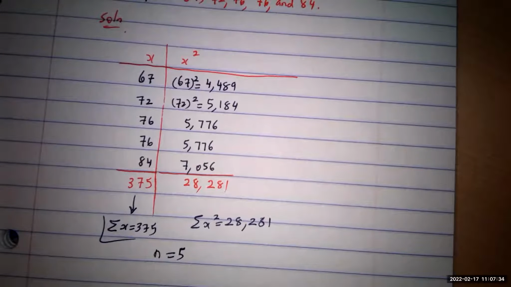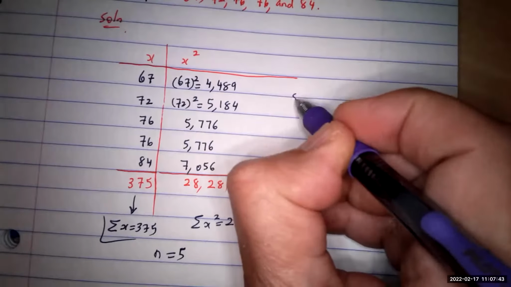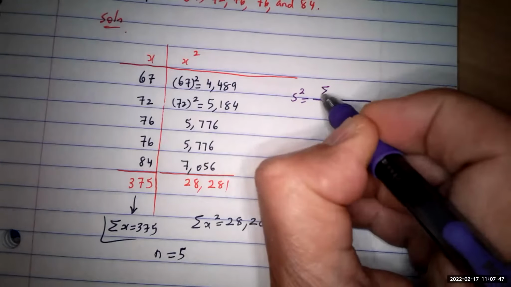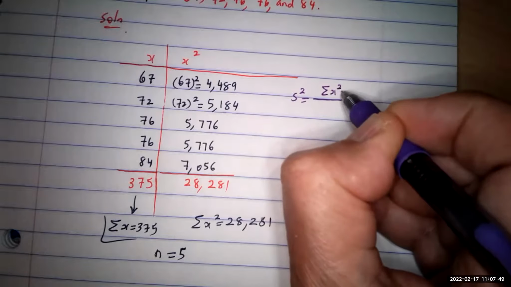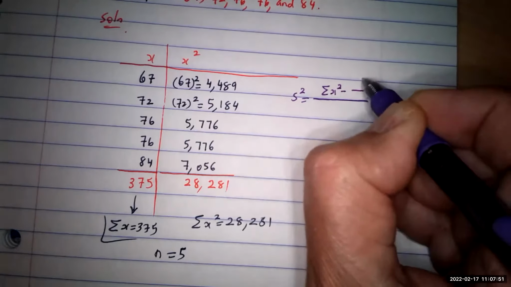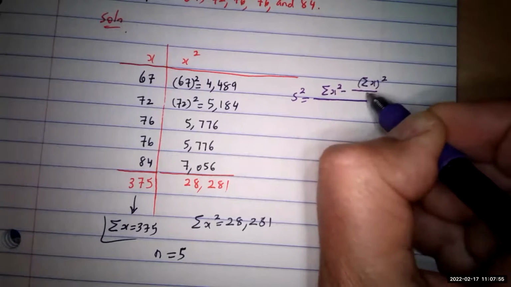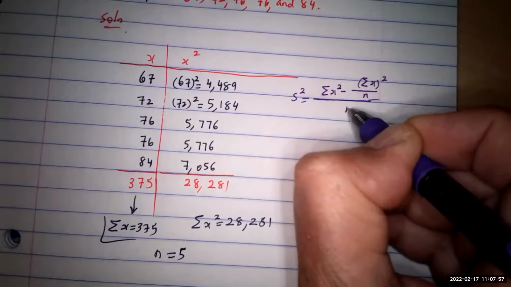Okay, now you can quickly use that computing formula to get your result. So s squared, I just repeat the formula, is sigma of x squared minus sigma of x all squared divided by n, over n minus 1.